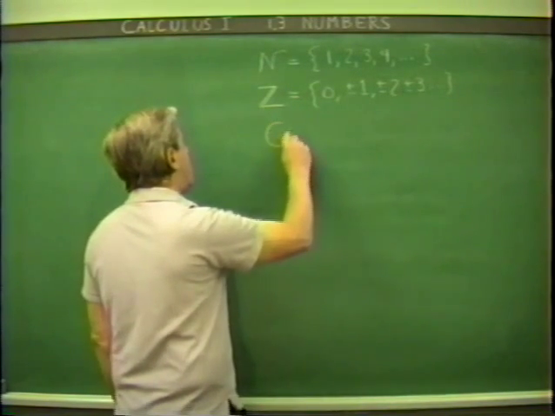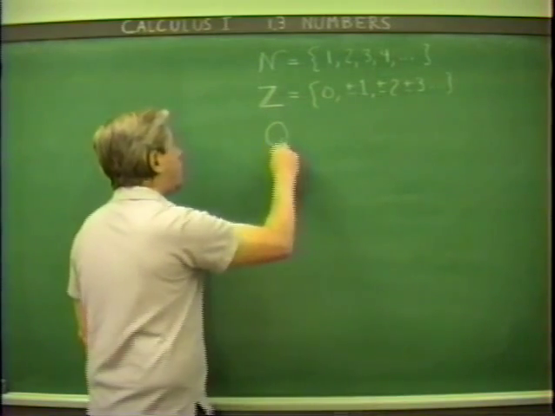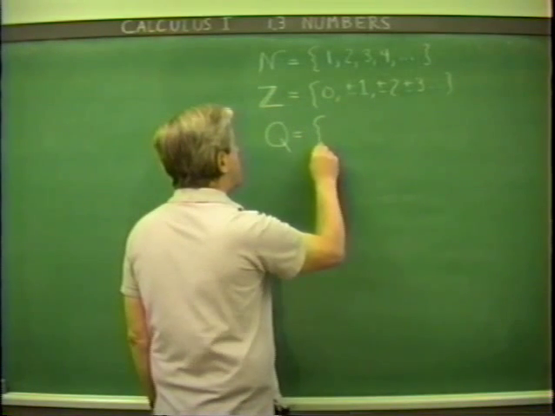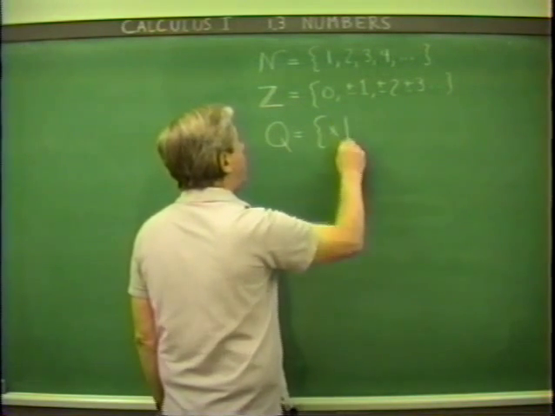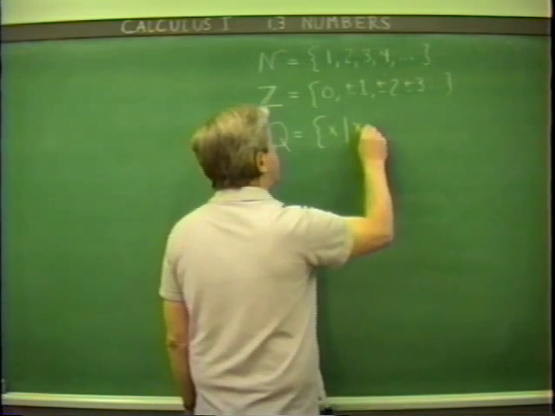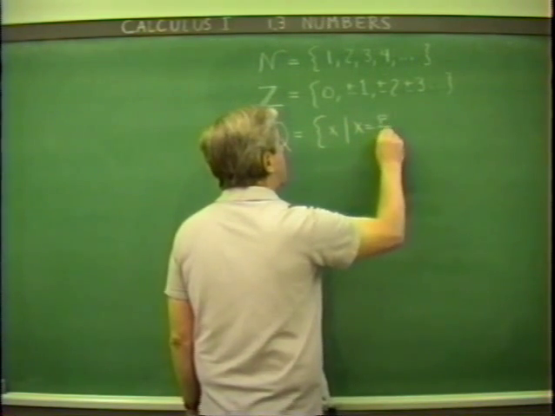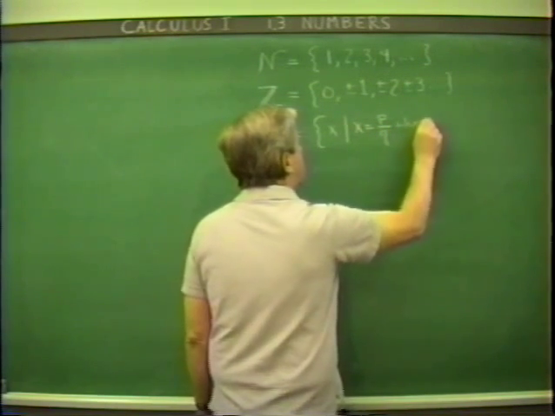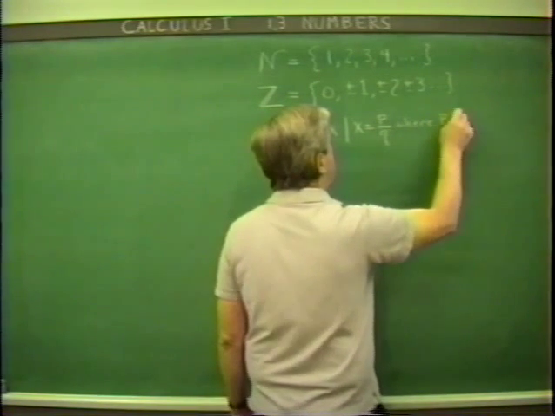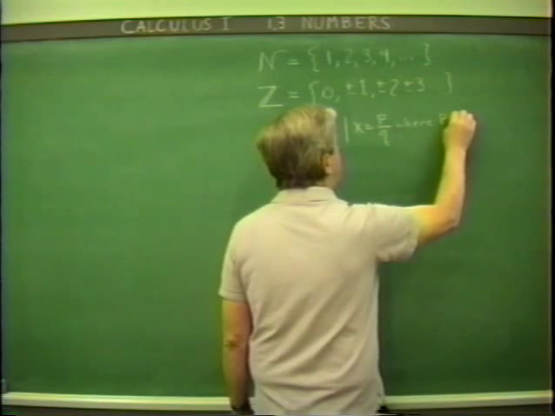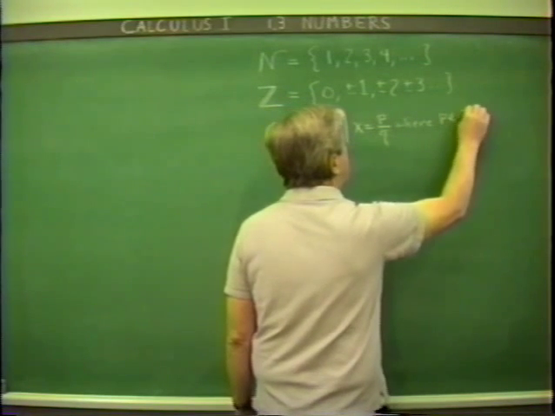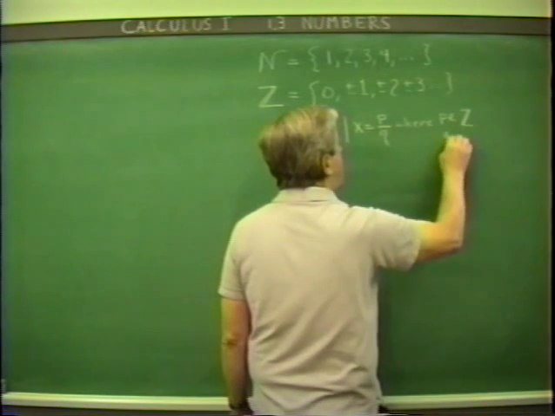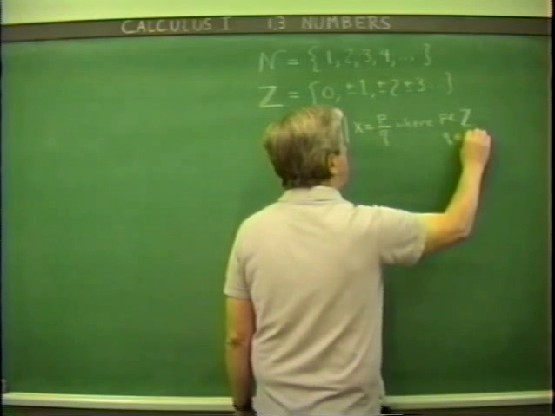Third system of numbers which is used are the rational numbers. These are symbolized with a Q. And the rational numbers are all numbers of the form P over Q. All x such that x equals P over Q, where P is an integer and Q is a natural number.